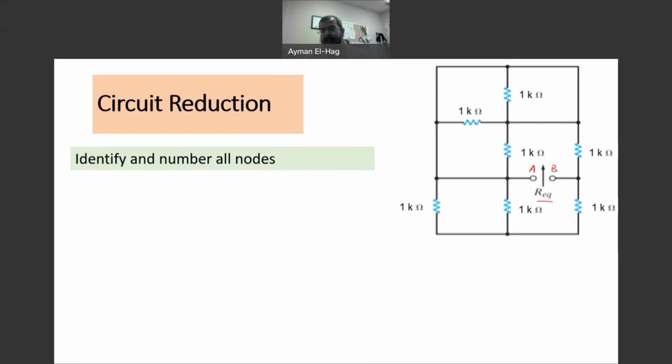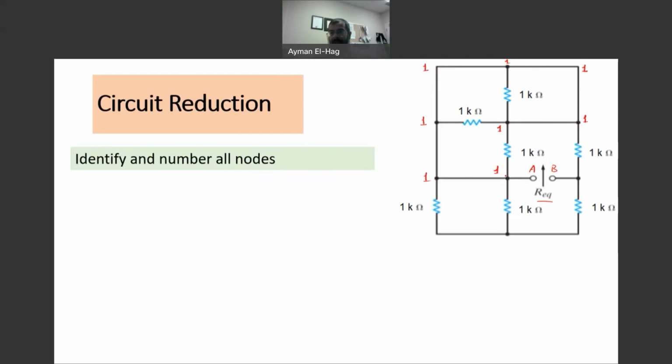So let's look at this question. This is basically node number one. But this point and this point, they are connected, so this is the same node. This is node number one. And this, again, is the same point, and the same point, and the same point. You can see that all of this is just one big node.